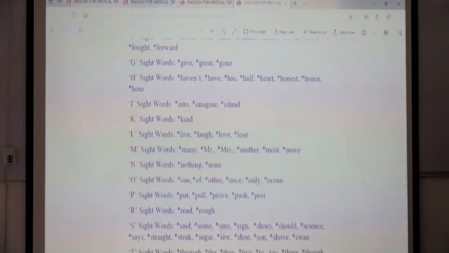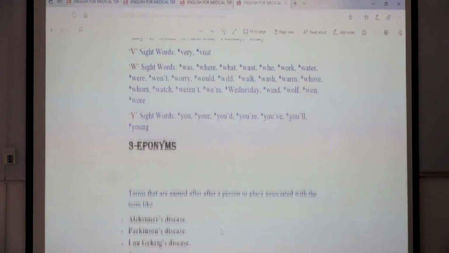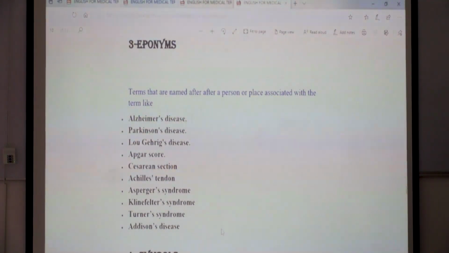We have another thing, which is called eponymous. What does eponymous mean? As we said, all the terms originated from Latin and Greek. But sometimes there is a new definition for diseases that did not exist at that time, like Behçet syndrome, or Alzheimer, or many other things.